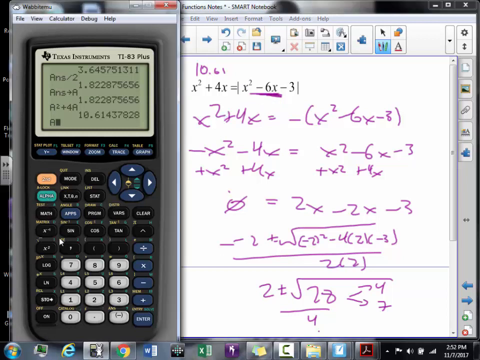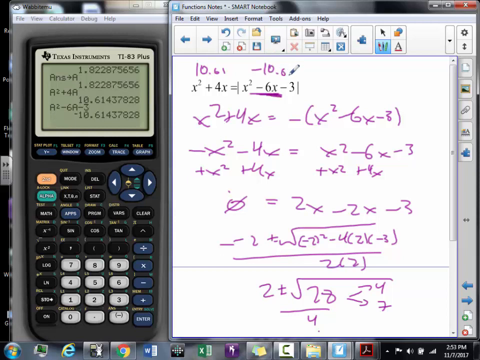So I'll try a squared minus 6a minus 3. And it was negative 10.61. But I still have to absolute value that negative 10.61. So when you do absolute value it, it works. That makes sense what I'm saying here?